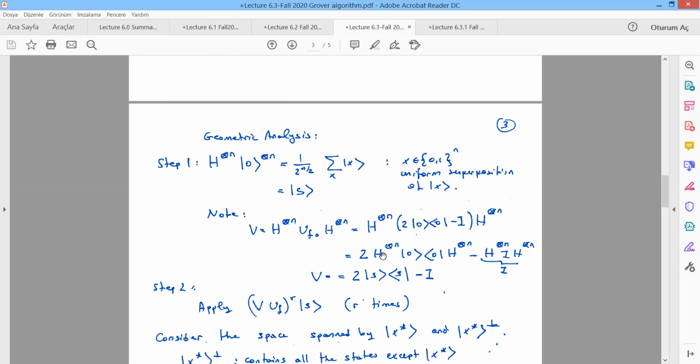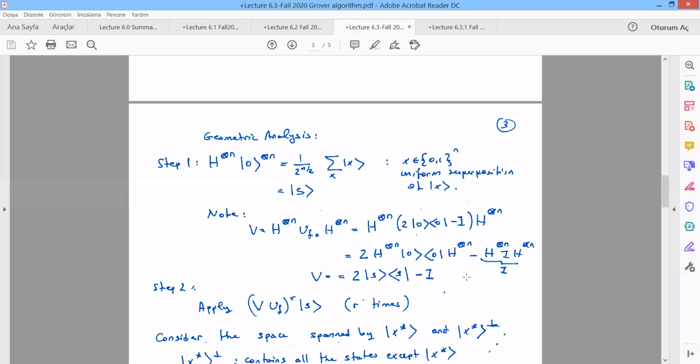The first part, 2 times Hadamard applied on ket 0, we just saw, is ket S. It is this equal linear superposition of all the ket x states. So this part becomes 2 ket S. And this is just the dagger of this, a bra S. This is bra 0 Hadamard tensor n. It's just the dagger of the first part.